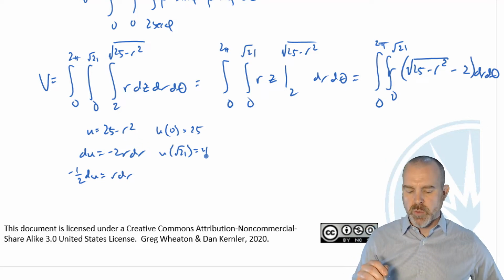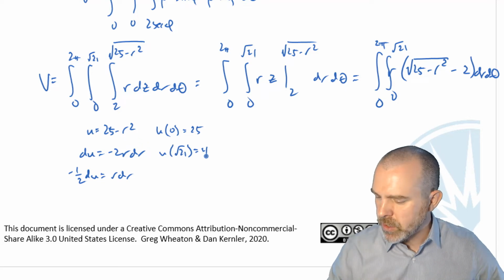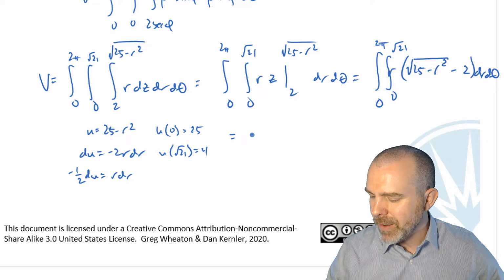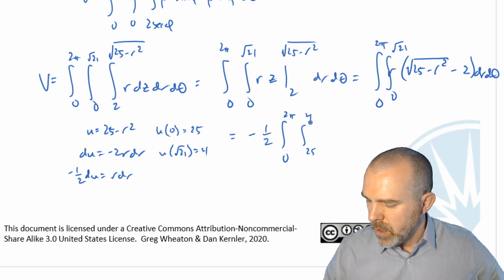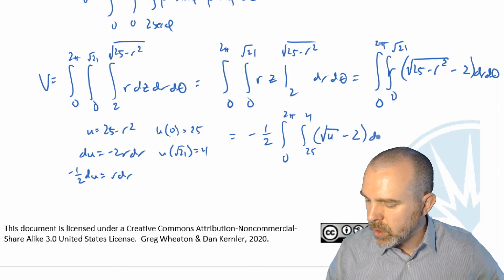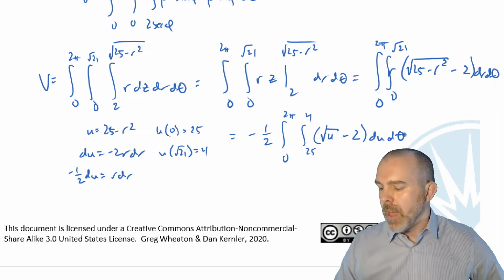So this is another one of these where it looks like we're going to switch directions. So we would have negative 1/2 integral 0 to 2 pi, integral from 25 to 4, and then we have square root of u minus 2 du d theta.